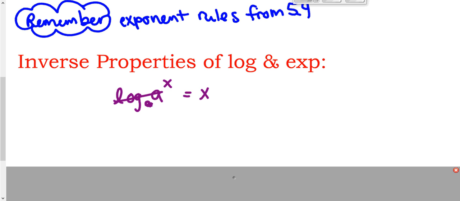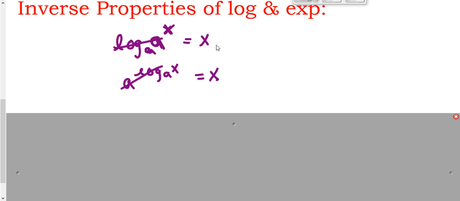As long as the base and what you're plugging in match, then it's just x. And that also works for exponentials. As long as a and the base of the logarithm that's in the exponent match, then they basically just cancel and it's x. If you need a more mathematical explanation, I can give that to you. It's kind of long and intense, which is why I don't specifically go over it, but they just basically cancel is the best way to sum that up for you guys.